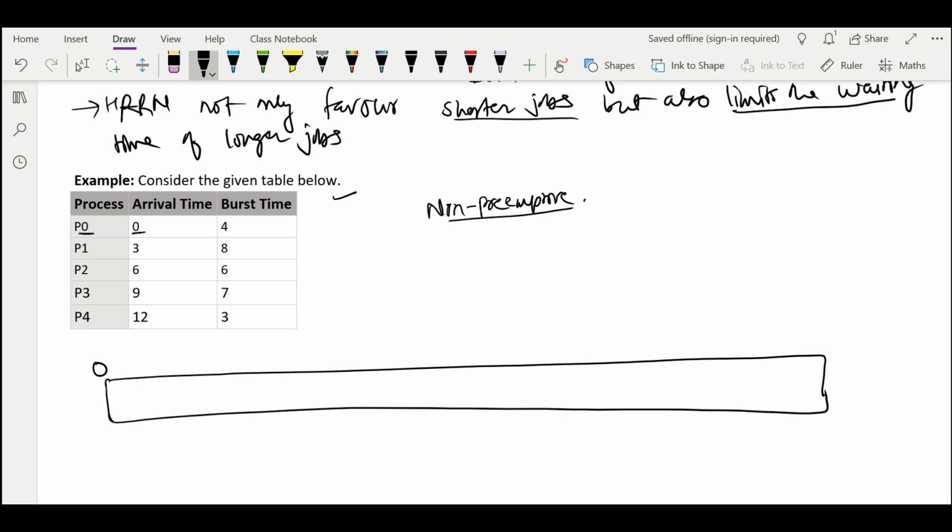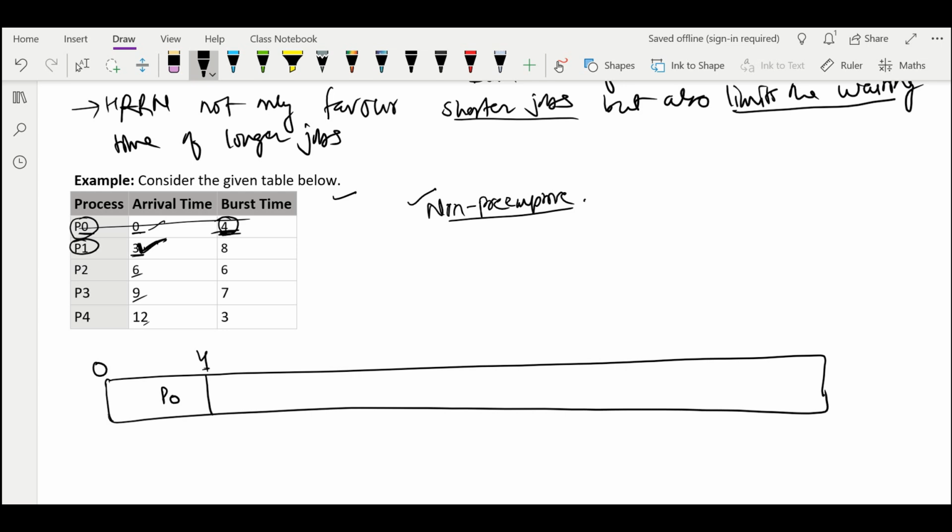for P0 we do not have any other choice at time 0, so we will schedule P0 without looking at any response ratio. So till 4 burst time, since it is non-preemptive, we will schedule it till 4 and P0 is over. Now at time 4, P1 is available, and no other process, because the others will be available at 6, 9 and 12, and we are at time 4 only.